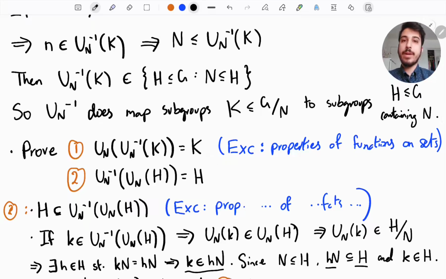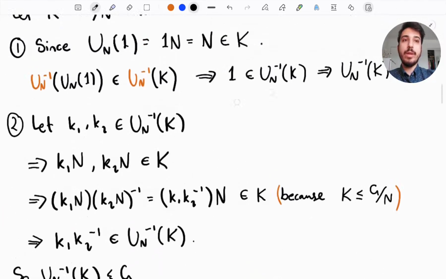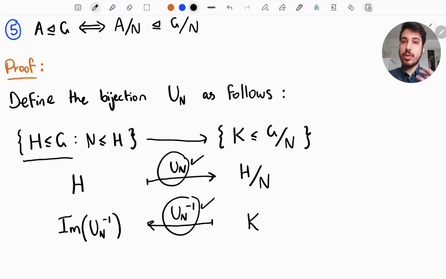Therefore, we have successfully found the bijection, which is the one-to-one correspondence between the subgroups of G that contain N and the subgroups of the quotient group G/N.